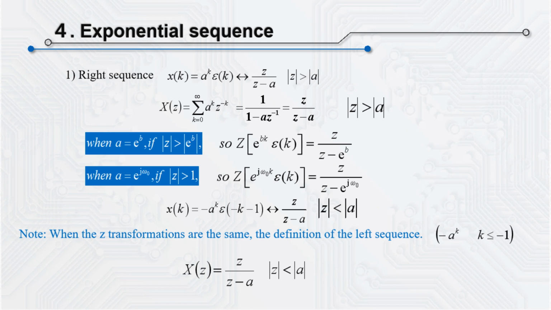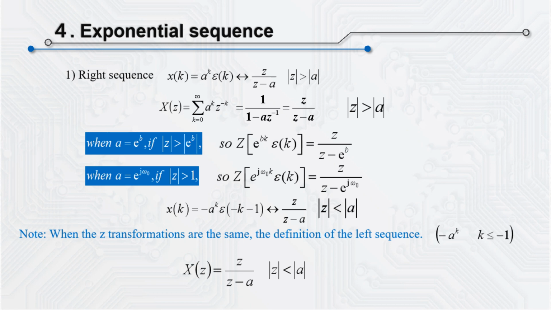Finally, it converges to z divided by z minus a. But the difference is that the characteristic of its convergence domain is that the modulus of z is smaller than that of a. The area within the circle is exactly opposite of the sequence on the right.